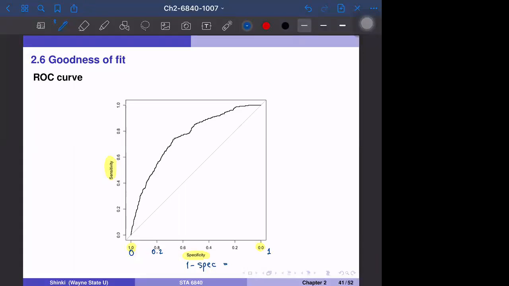And sensitivity is the proportion diagnosed as positive out of all actually positive patients. So both are proportions of positively diagnosed patients. So if the rule is random, then 1 minus specificity and sensitivity are the same, right? Regardless of the patient group, we have the same probability of being diagnosed as positive.